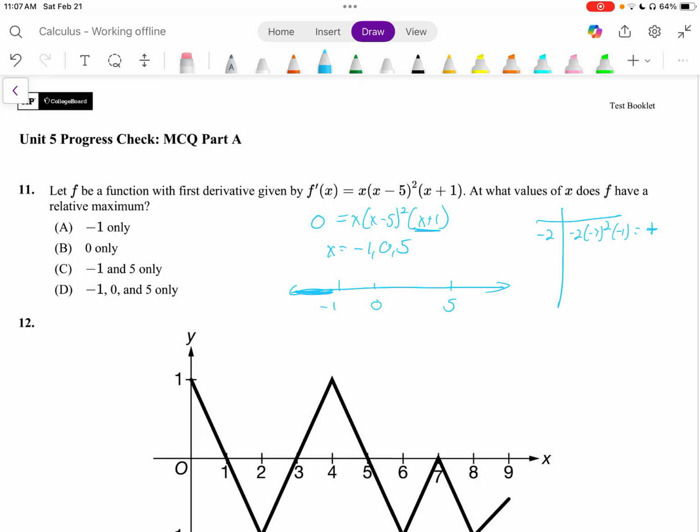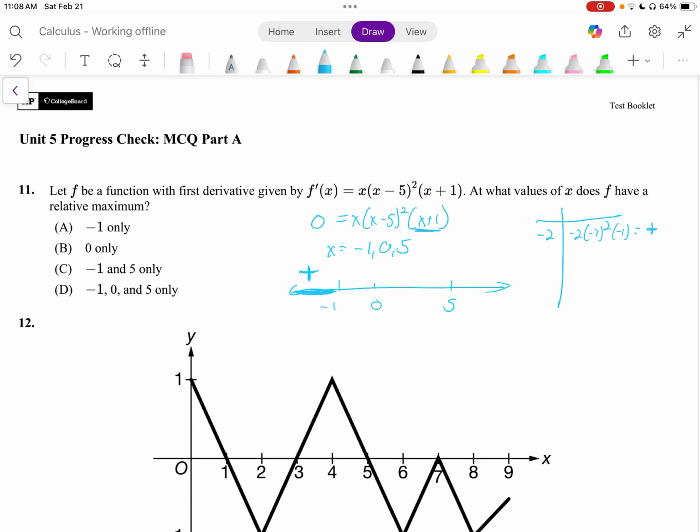Again, we don't care about the number, we just need to know what the sign is. So this would be positive. Because we're going to look at the left and the right of the zeros, we'll be using the first derivative test. I should have mentioned that before.